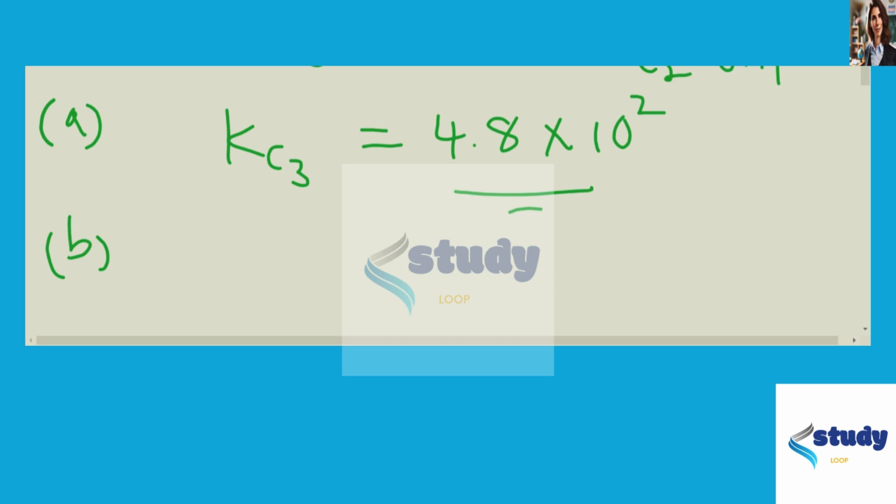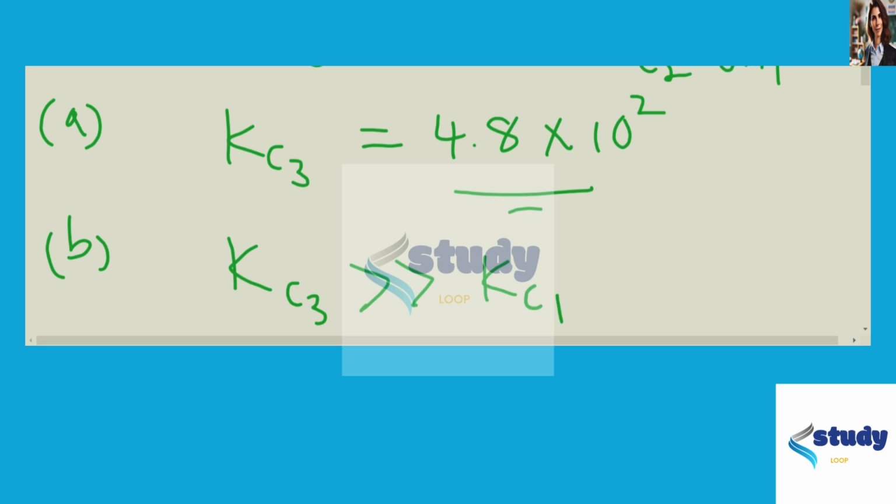So the reaction 1 and the reaction 3. If we compare the Kc values, we see that Kc3, which is 4.8 times 10 to the power 2, is much larger than Kc1. So this tells us that the forward reaction of the third reaction is more preferable than the forward reaction of the first reaction.